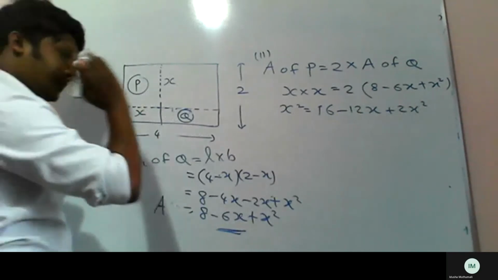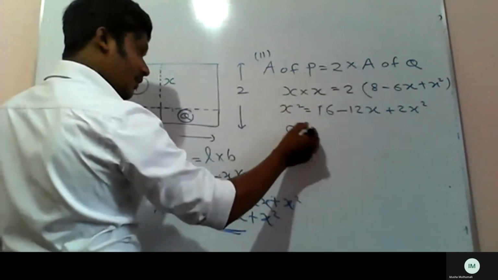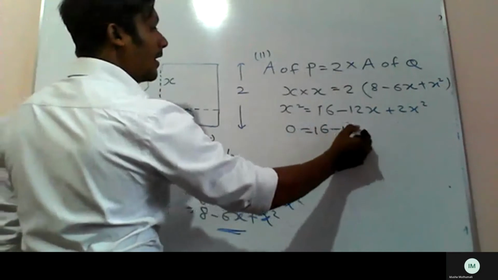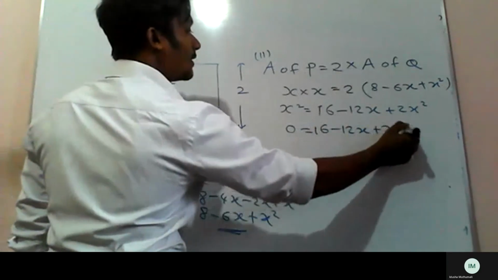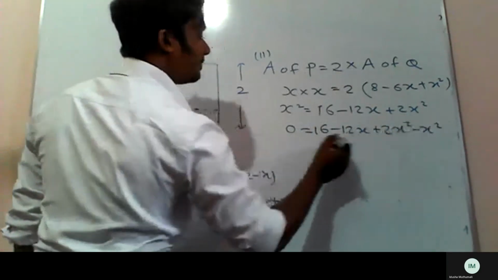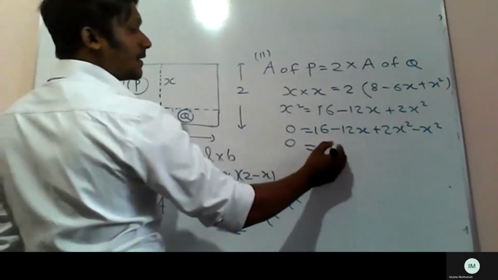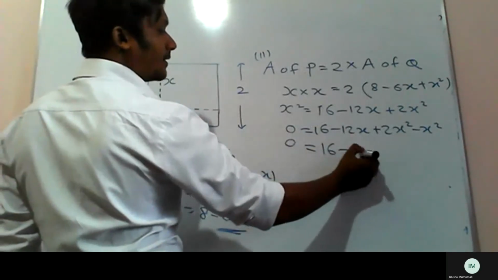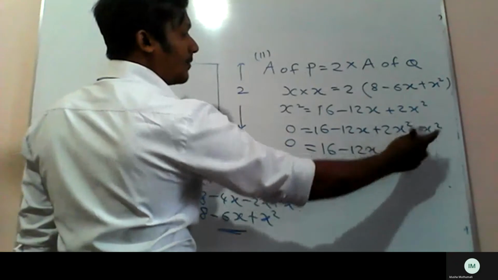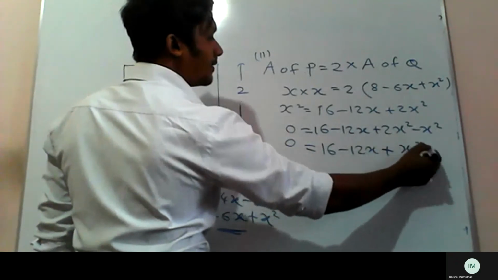Now change this: 0 equals 16 minus 12x plus 2x squared minus x squared.